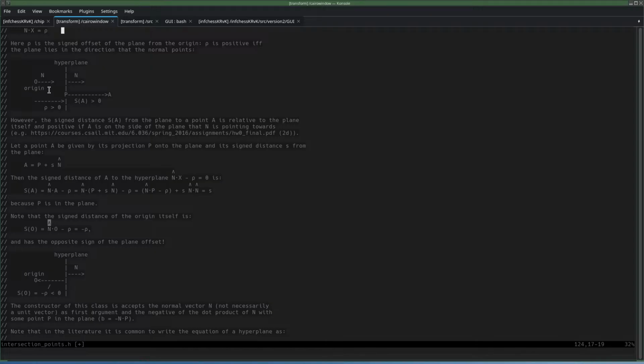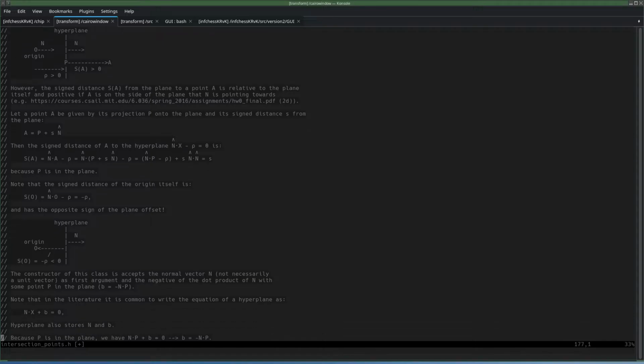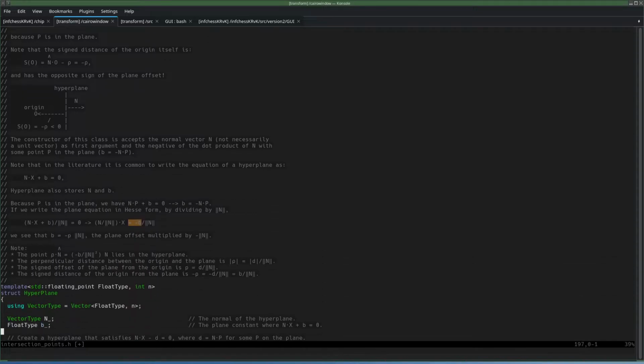So that point, rho times n hat, is the projection of the origin onto the hyperplane. Let's call it that.